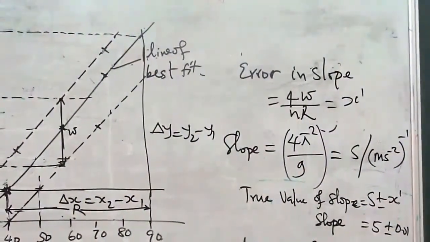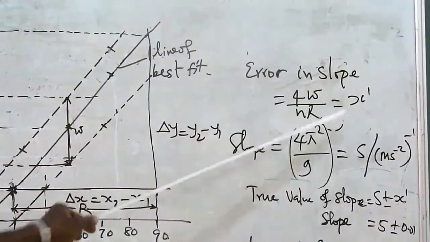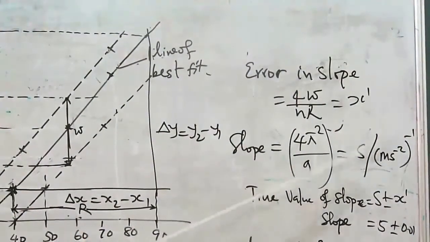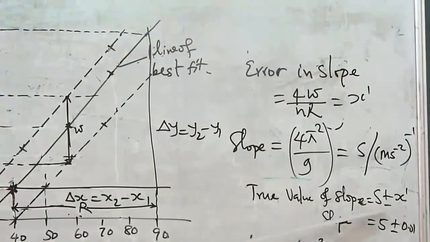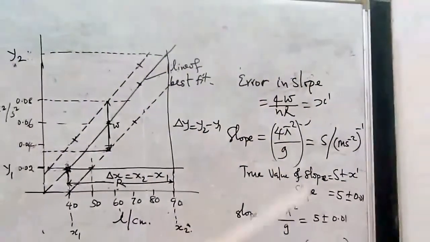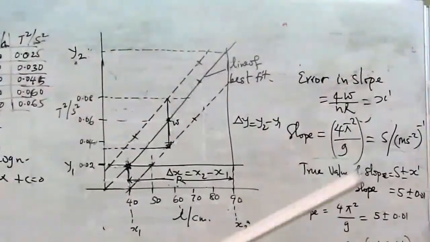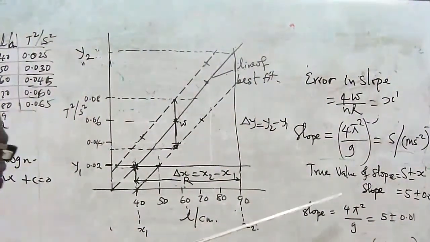By the time I calculate this, I got x prime. By the time I calculate this, I got x. The true value of slope will now be x plus or minus x prime. That gives me the range of my error. It means that my error is plus or minus x prime.